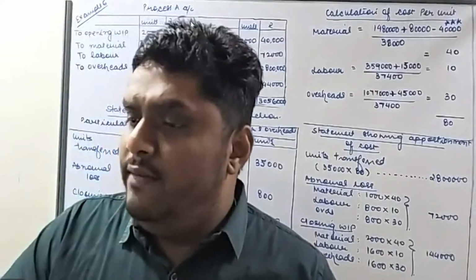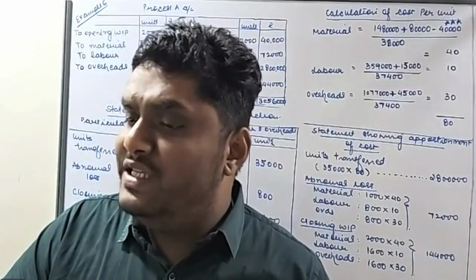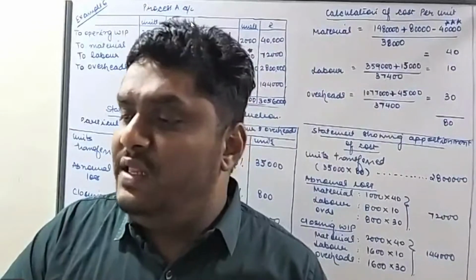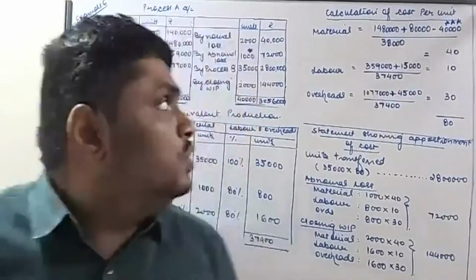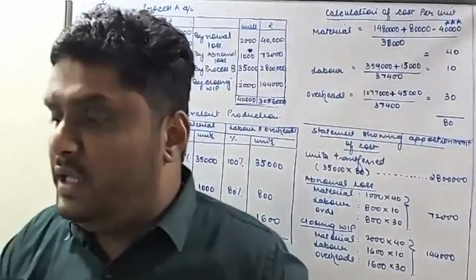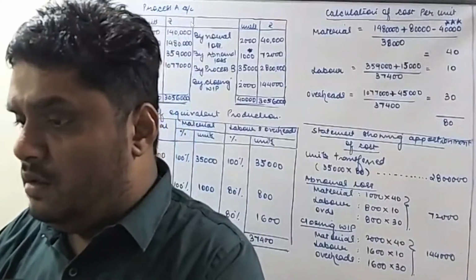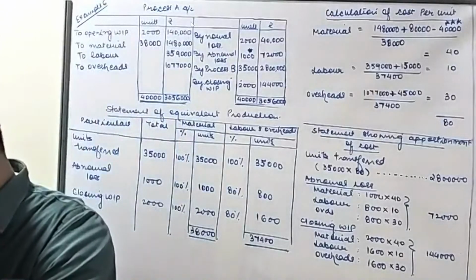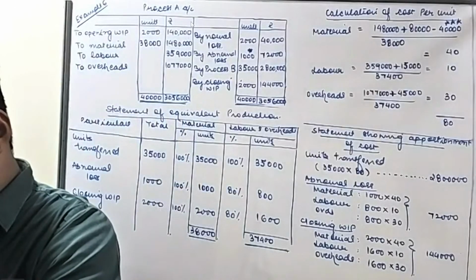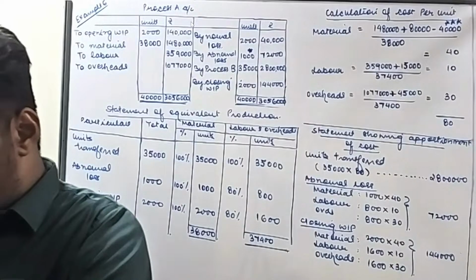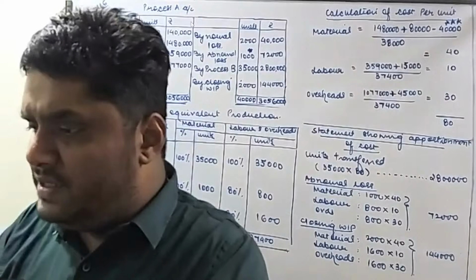Rohan, when talking about opening work in progress, it is material, labor, and overheads: 80,000, 15,000, and 45,000. So the total cost is 1,40,000. Rohan, please check. Yes, Rohan, I hope it is clear now.